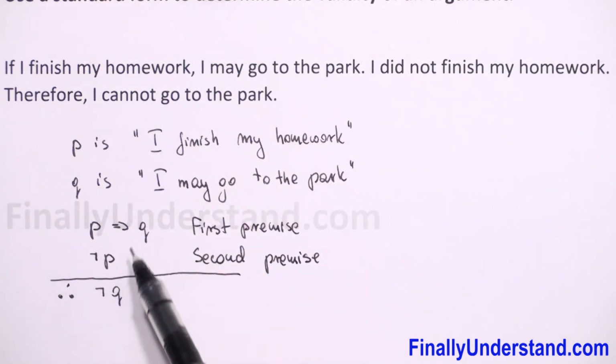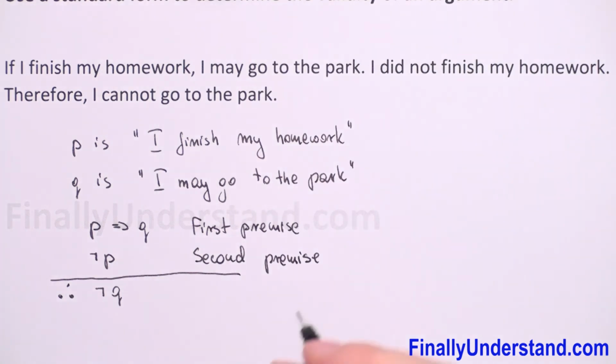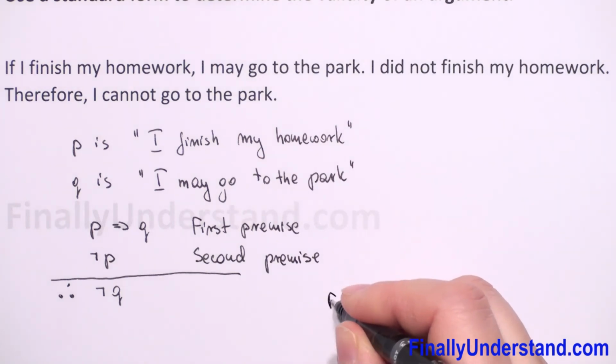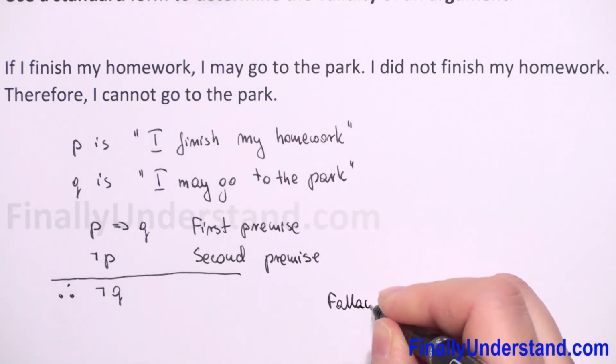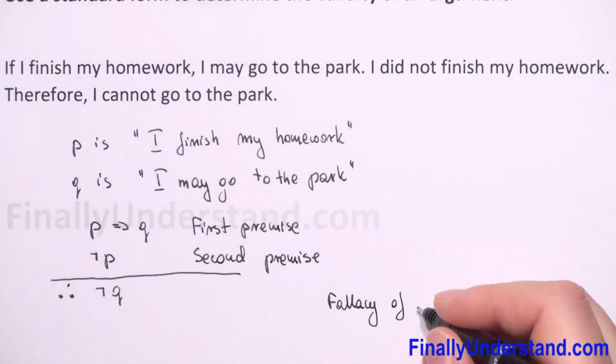We see that this symbolic form matches the standard form known as the fallacy of the inverse. This is the standard form of an invalid argument. So let me write this, that this is the fallacy of the inverse.